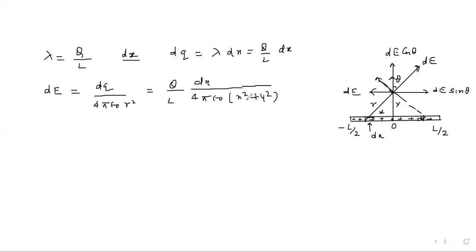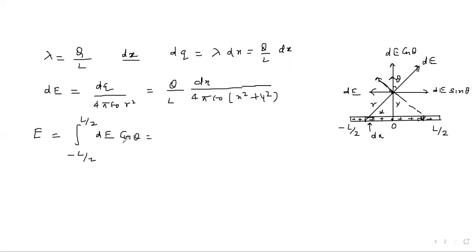As I told you that net field is due to the cos theta component, so we can say E will be the integration from minus L by 2 to plus L by 2, and then we write dE cos theta and we put the values.